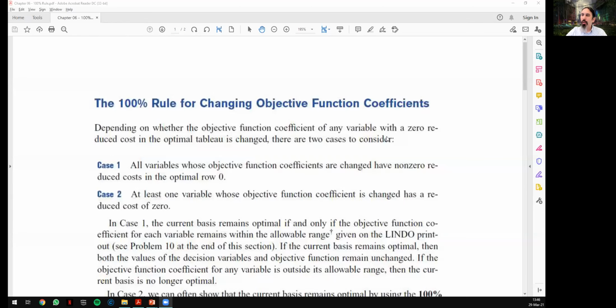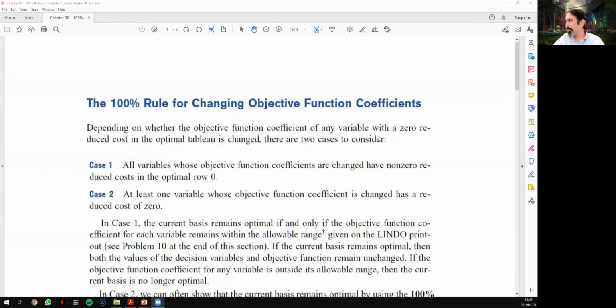Now, when we are talking about sensitivity, we have always talked about just one change, okay? Changing just one of the right-hand side values, or one of the coefficients of the objective function. What if we change more than one at the same time?